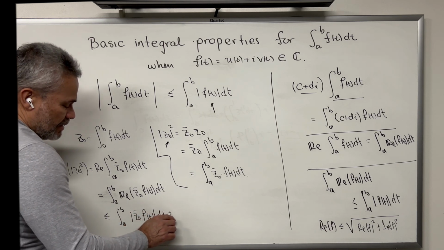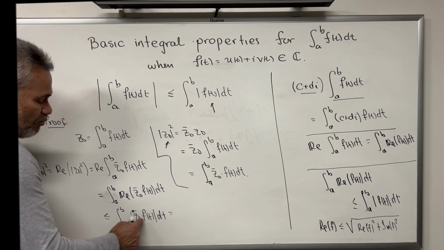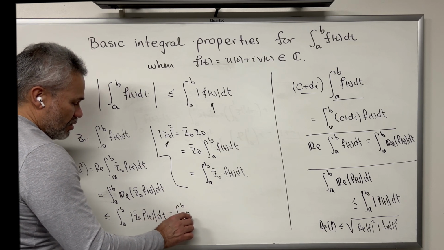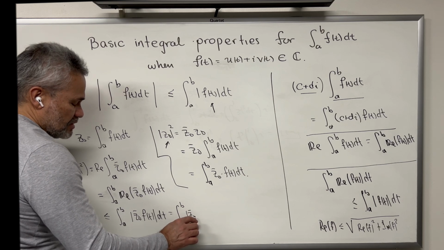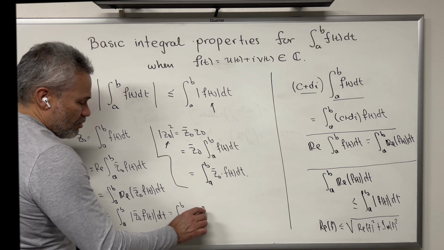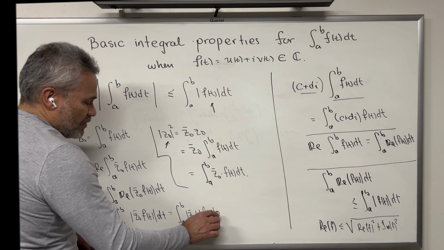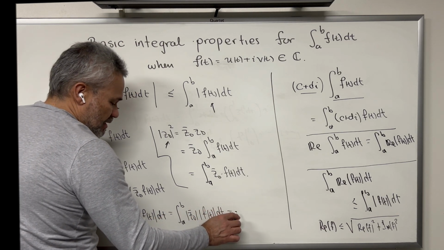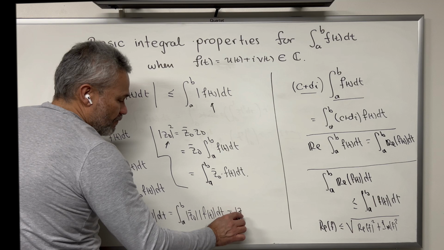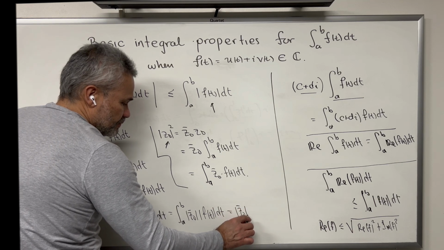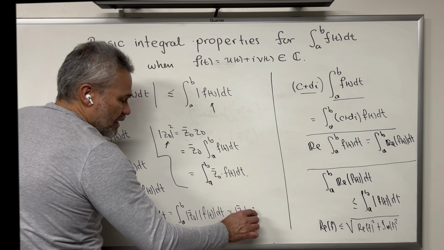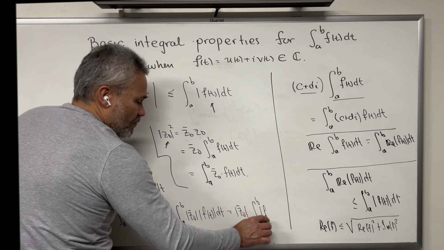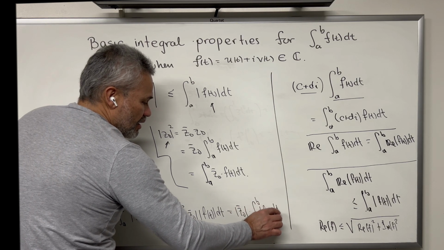This is a real integral, but the norm of the product is the product of the norms, and this is the integral from a to b of the norm of c sub 0 conjugate times the norm of f of t dt, and this is just the norm of c sub 0 conjugate times the integral from a to b of the norm of f of t dt.